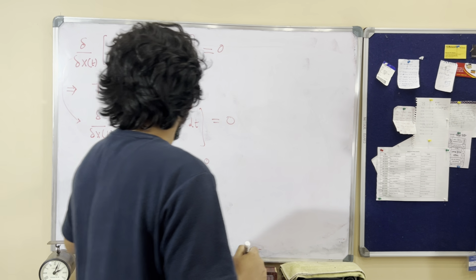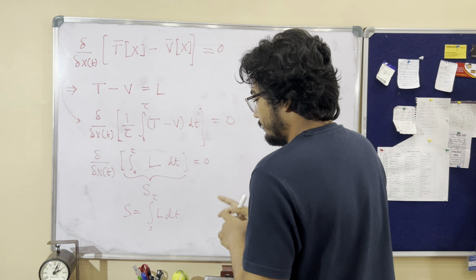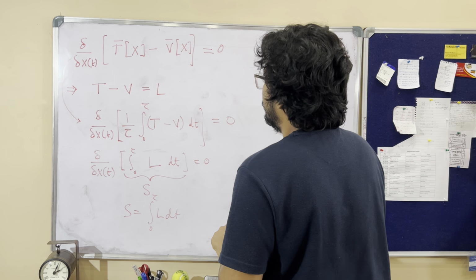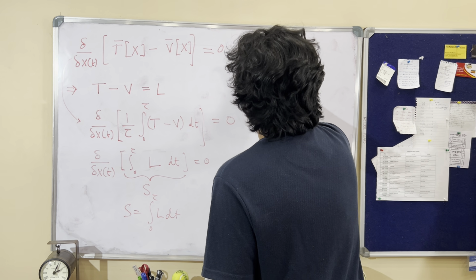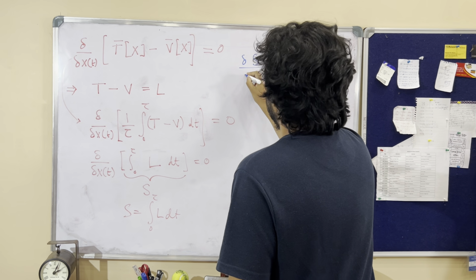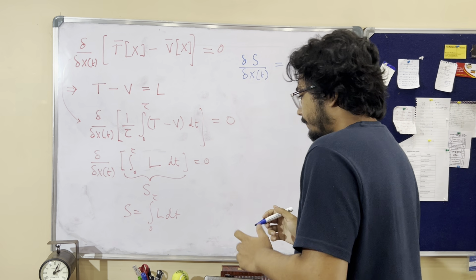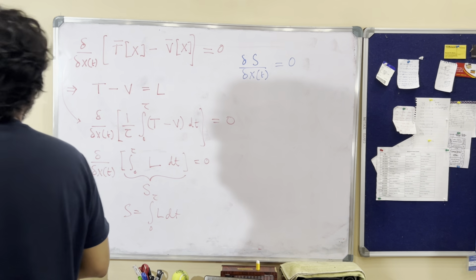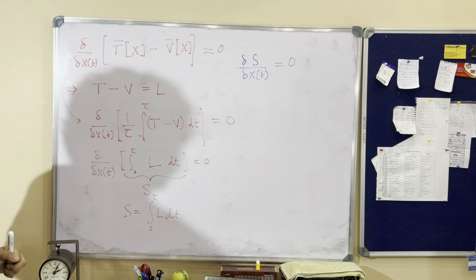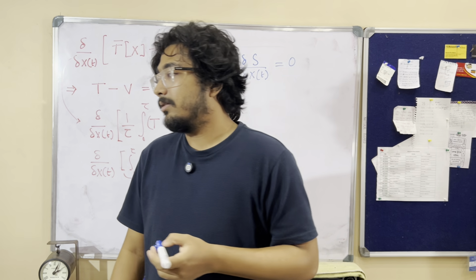And this expression tells us that if the particle is following the equation of motion, then this thing will be 0. And that's why we call it the principle of least action.